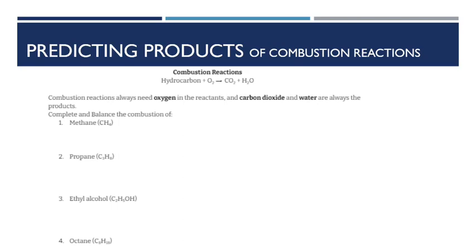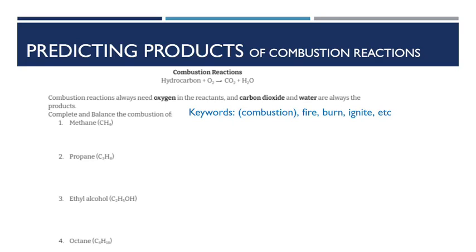So a combustion reaction, in general, if I tell you something is burning or is on fire, then that's a sign in words that in real life you'd be seeing a combustion reaction happen. And remember, combustion reactions always need oxygen. Fire needs oxygen to burn. It needs to breathe just like we do.